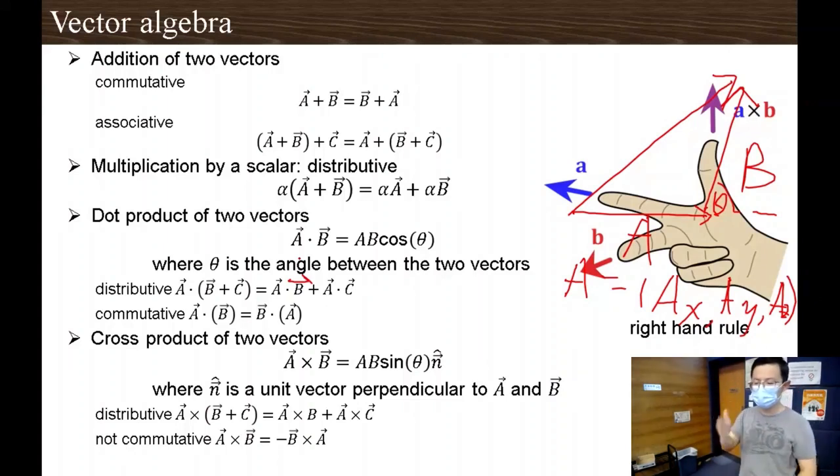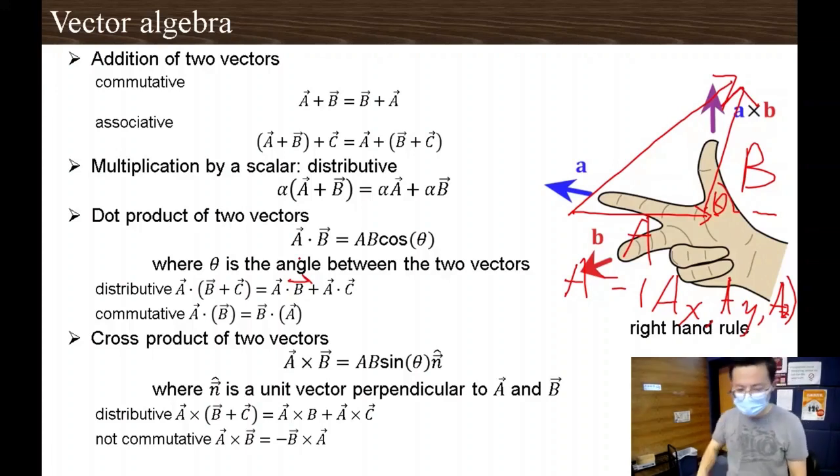What I do is, you point your forefinger to the A vector, and then you curl your fingers all the way to the B vector, and then your thumb is pointing in the A cross B direction. Remember that this right-hand rule is simply a convention, and you have to follow what everybody's been doing.